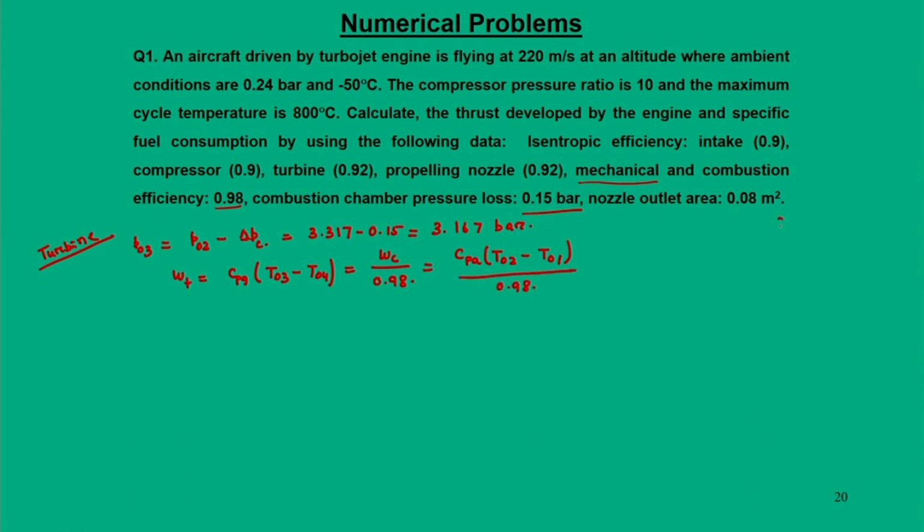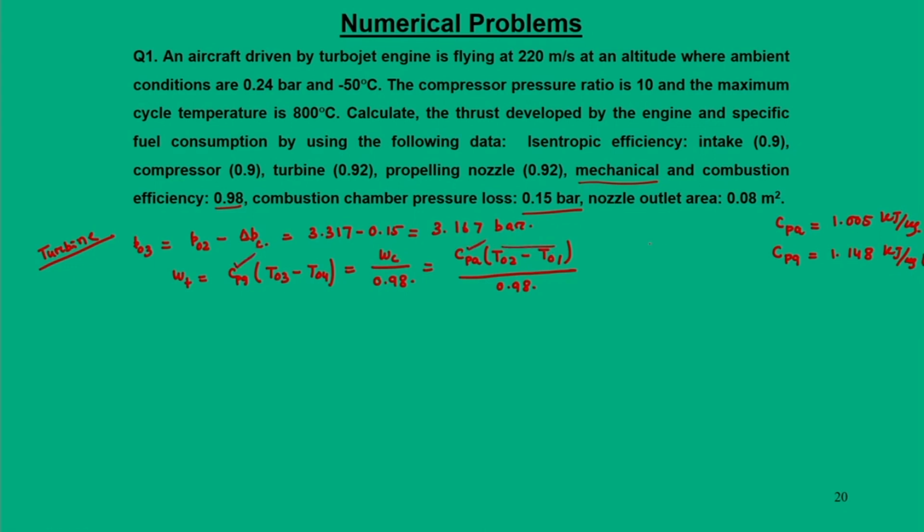So we all know that we have CPA as 1.005 kilojoule per kg Kelvin and CPG is 1.148 kilojoule per kg Kelvin. So we have CPG, we have CPA, we have this difference.